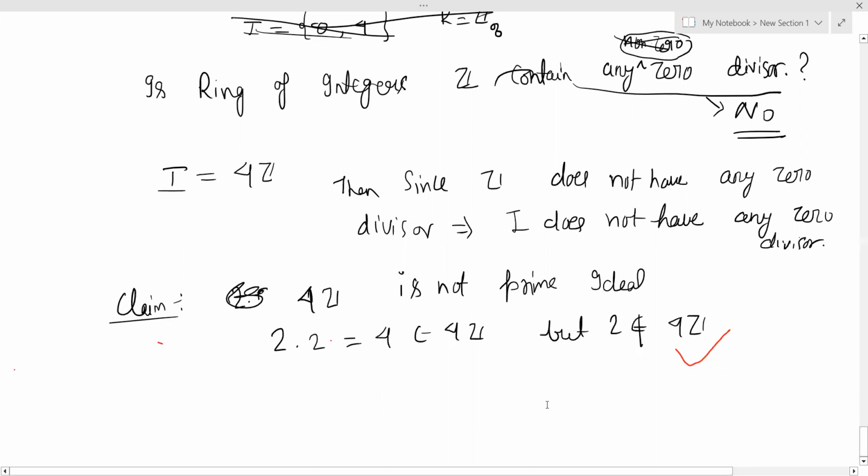Choose all correct statements. Z denotes the ring of integers.